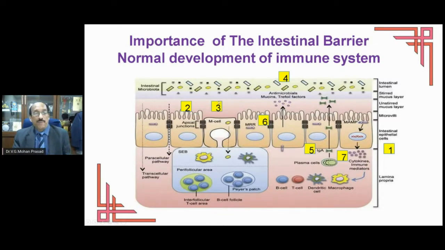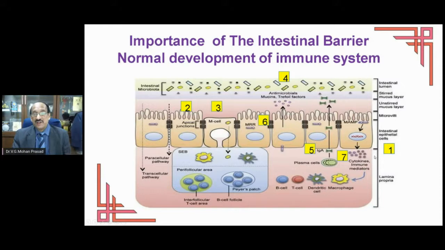The microbiome lie in the intestinal lumen, in the stirred layer and the unstirred layer, and they don't get attached to the microvilli unless the mucus layer goes away. One example: mayonnaise sauce is known to corrode the mucus layer. So the pathogenic bacteria can reach the microvilli or the villi of the intestinal epithelial cells, thereby producing damage.